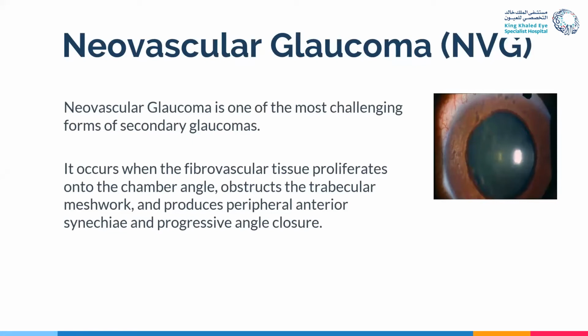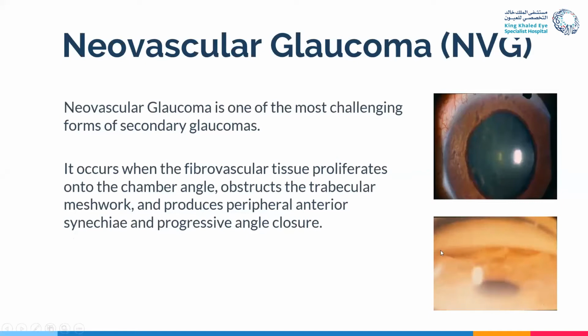This happens even before the formation of peripheral anterior synechia: the membrane itself on the trabecular meshwork will block the aqueous. Then at a later stage, if not treated, this fibrovascular membrane will contract and bring the iris to the trabecular meshwork, giving the closed angle, as you see here.